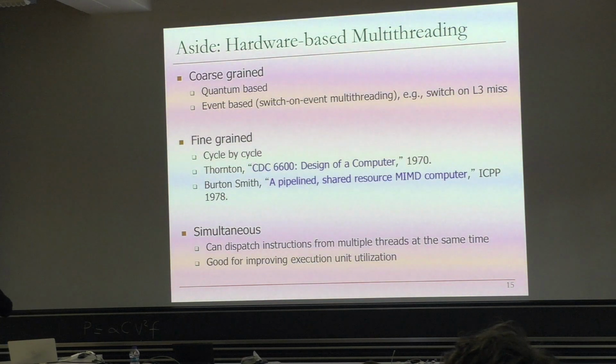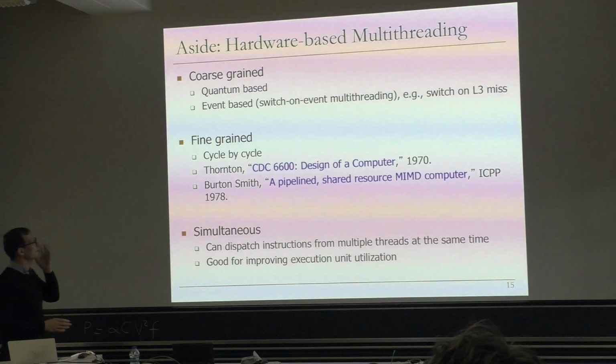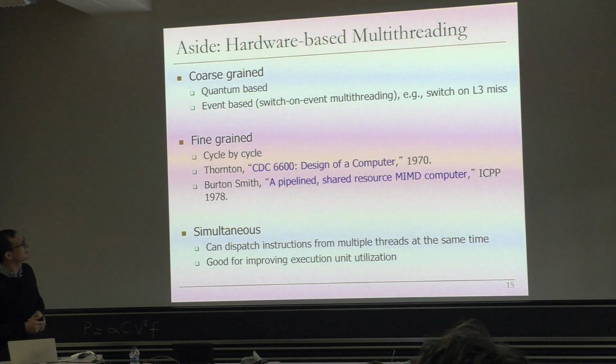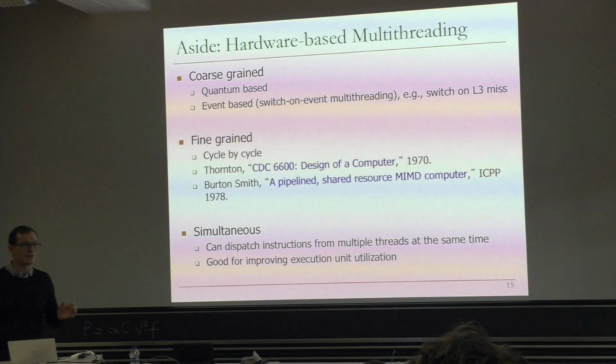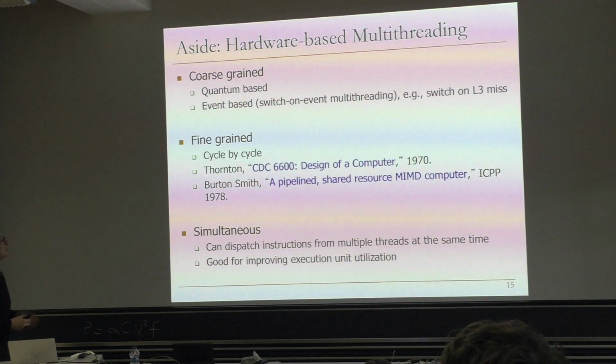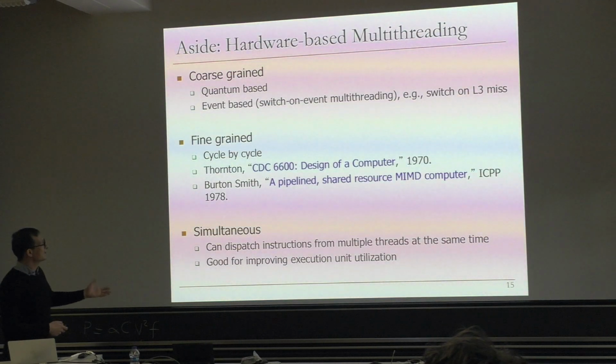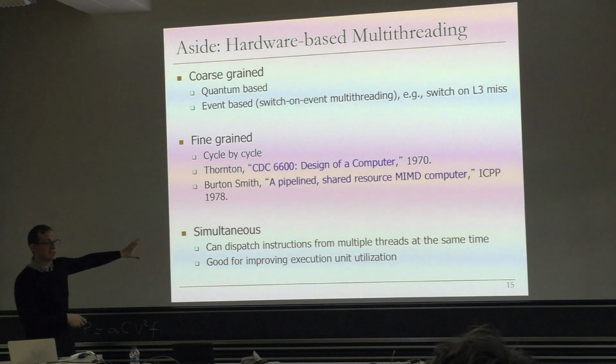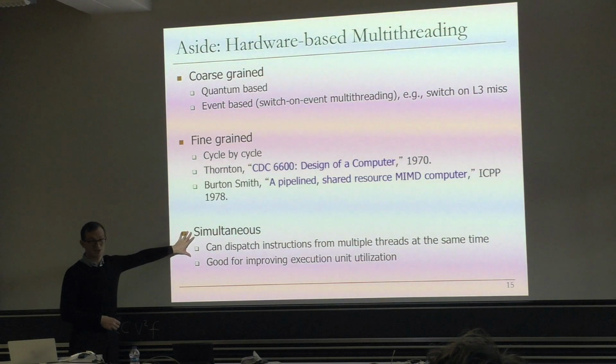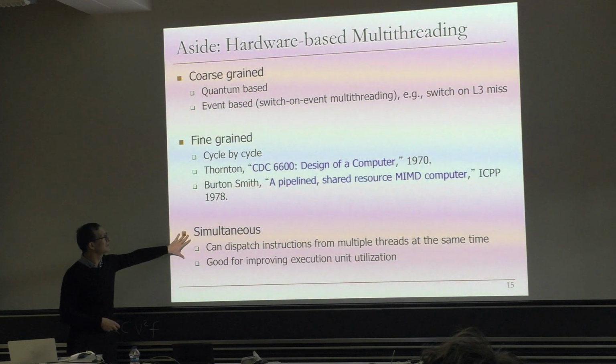We're not going to talk a lot about multi-threading in this class, since we don't have enough lectures, but hardware-based multi-threading is a special form of multiprocessing. You have multiple thread contexts, but this also has a design space. Existing processors, for example, can do simultaneous multi-threading, which is the finest grain form of multi-threading.